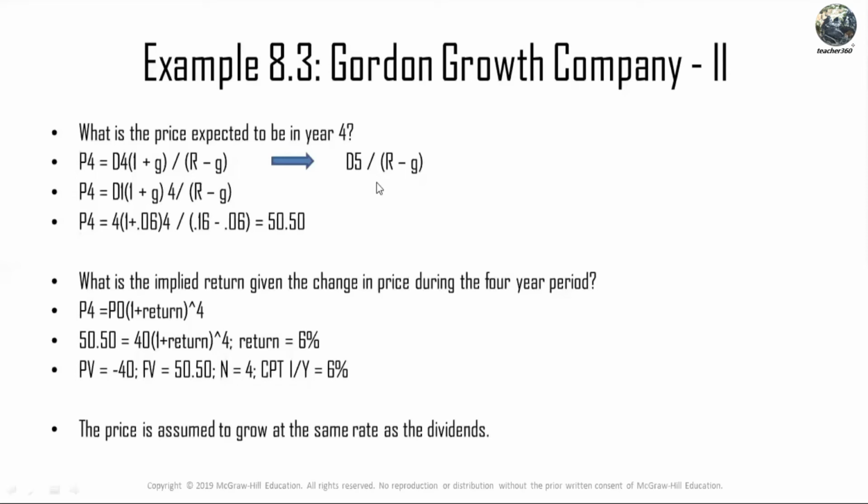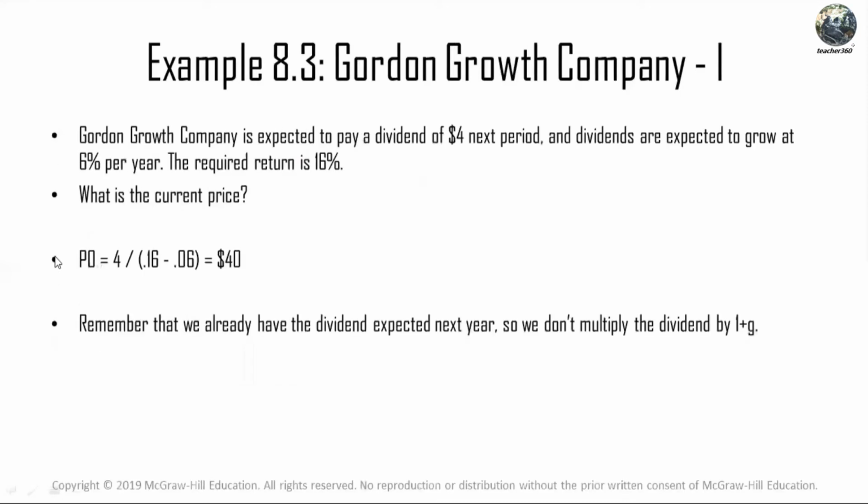We have to find the price in year 4 based on the dividend in year 4. It is already mentioned that in year 4 the dividend is expected to be $4. To find the dividend in year 5, we multiply it by the expected growth rate 6%.